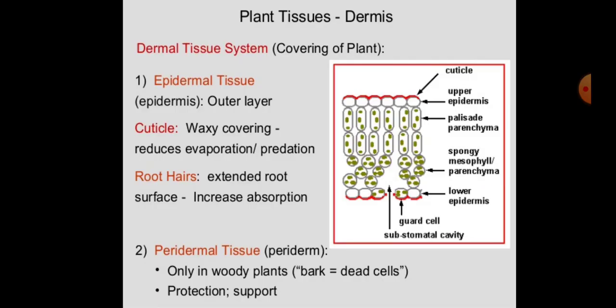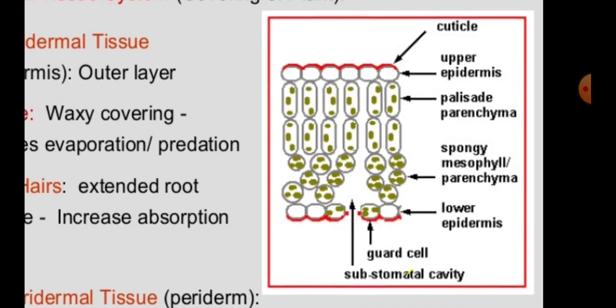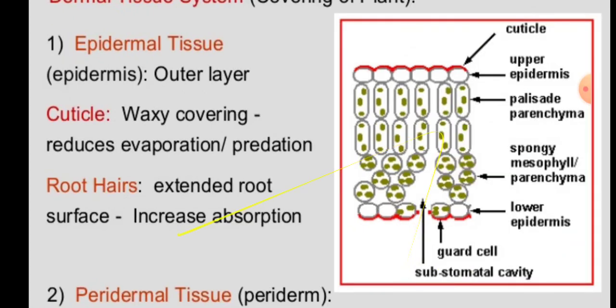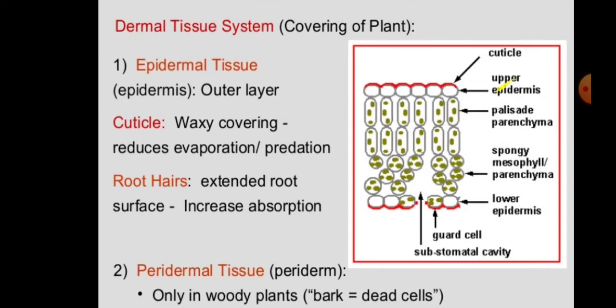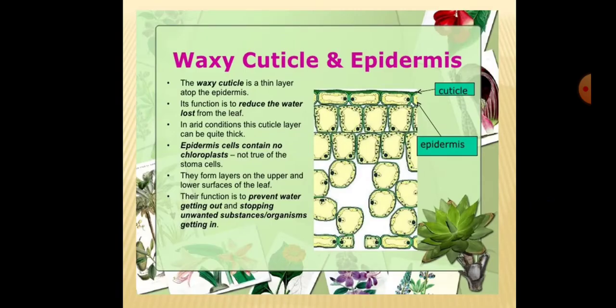In this diagram also, a red colored cuticle is there. After that, the upper epidermis is there. Then palisade cells are there, and at the base the lower epidermis, which has stomata. This is the clear structure of the epidermal tissue system.